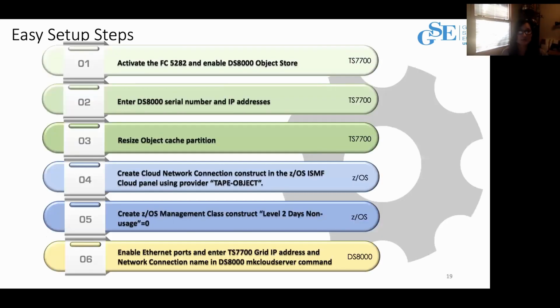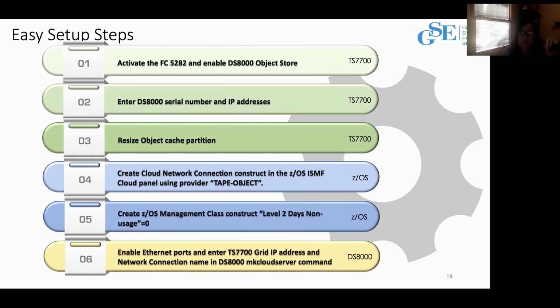Next slide. Setup: this sounds like a monster of a thing to set up, but actually it's not so bad. Other than overcoming the network items you need to do to make sure that your DS8000 and your 7700 can talk to each other, the setup is fairly simple. On the 7700 side, again, activate feature code 5282.